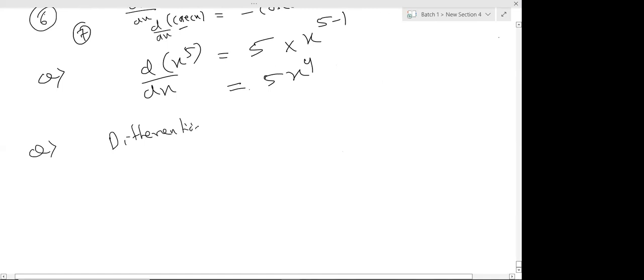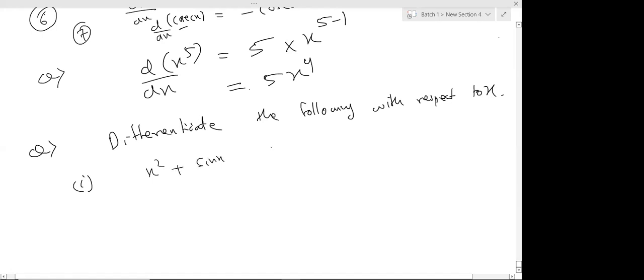Differentiate the following with respect to x: x square plus sine x plus 1 upon x raised to the power 2. All right. You have 2 minutes, solve this one.